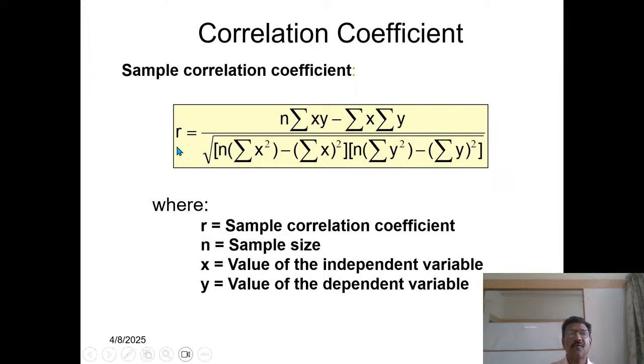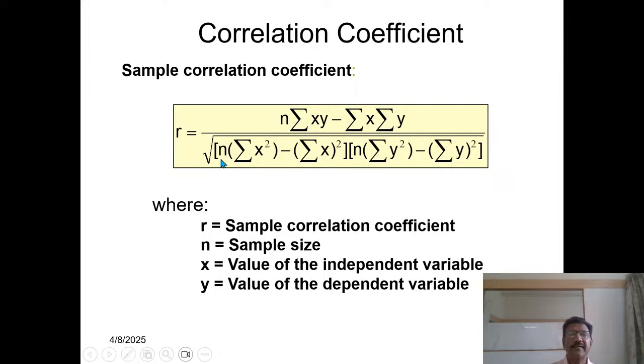The formula for the sample correlation coefficient is r equal to, it is a sample, that's why small r is used. Here, n summation of xy, where n is the number of data points taken. x is the independent variable, y is the dependent variable, minus summation of x into summation of y, divided by the under root of n.